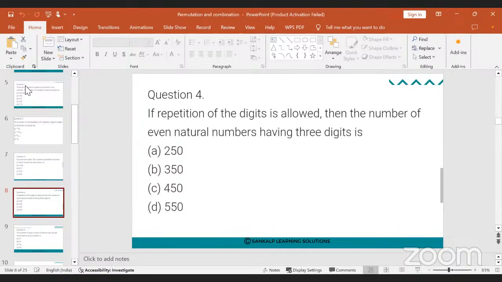Question number 4. If repetition of digits is allowed, then the number of even natural numbers having 3 digits is 250, 350, 450, or 550. Try to give the answer.